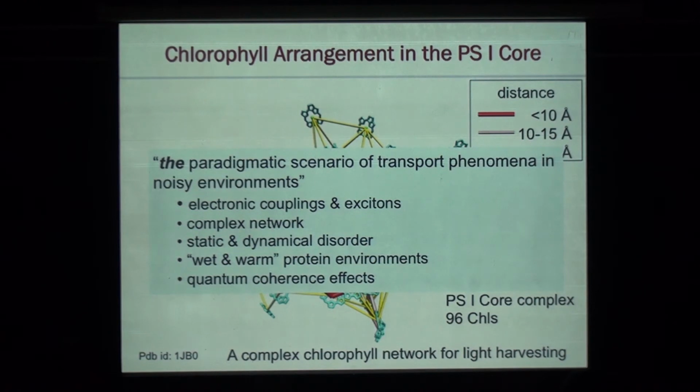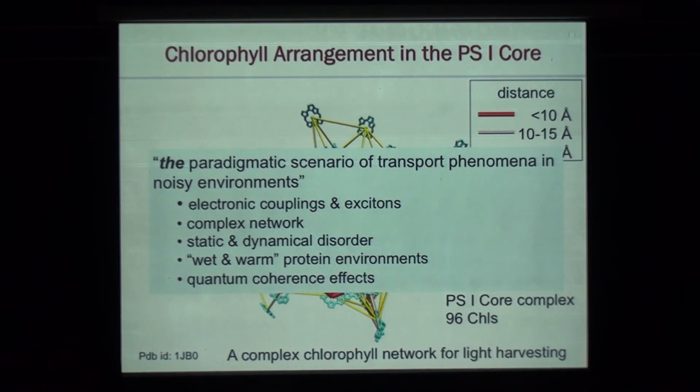And I think this is a very interesting system. I call it a paradigmatic scenario of transport phenomena in noisy environments, because you have all sorts of disordered electronic couplings and excitons in the system. It forms a complex network.